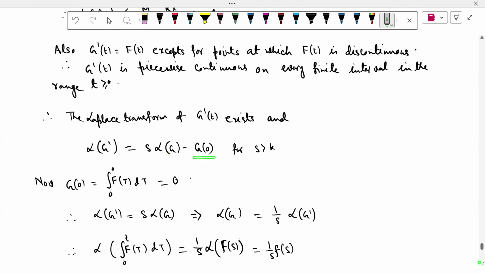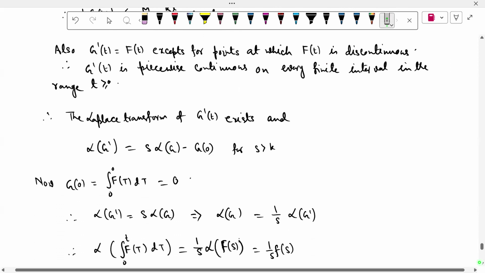So what is g(0)? g(0) means the integral from 0 to 0. Here for g(t), you have a t, like this. So g(0) will be the integral from 0 to 0 of f(t) dt, and that is 0. Therefore we get L of g dash equal to s times L of g, which implies L of g equals 1 by s times L of g dash.